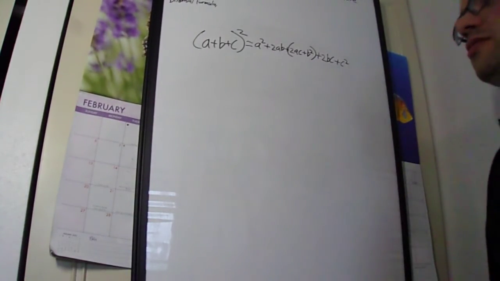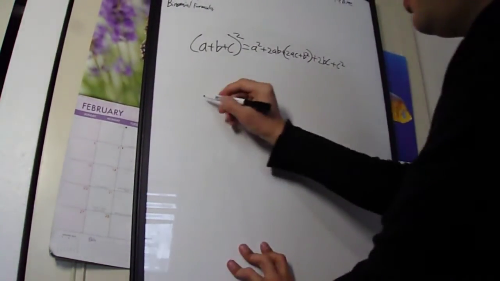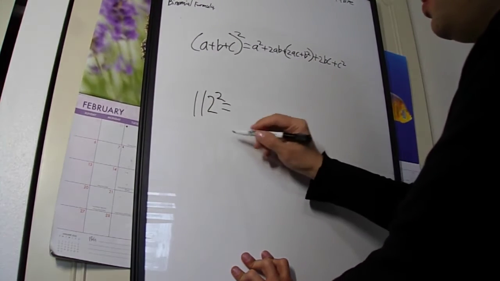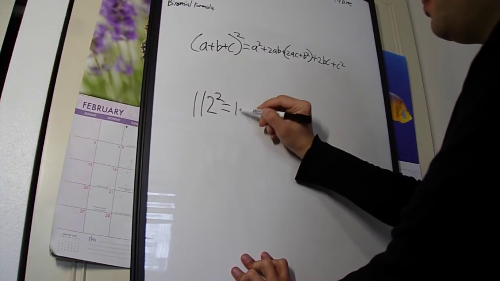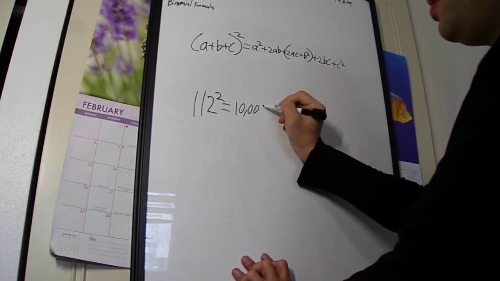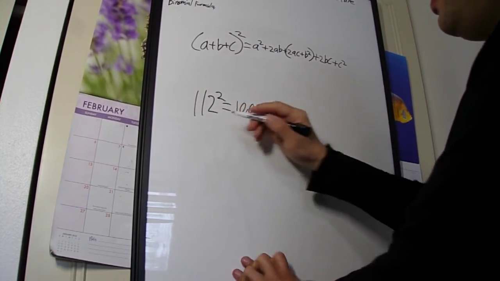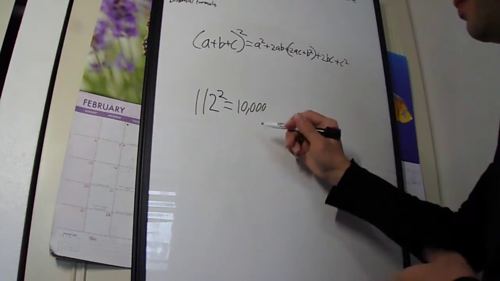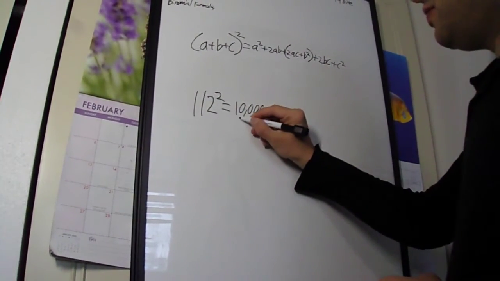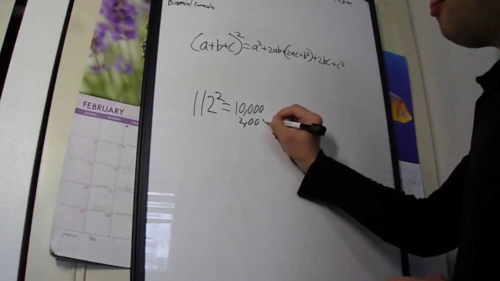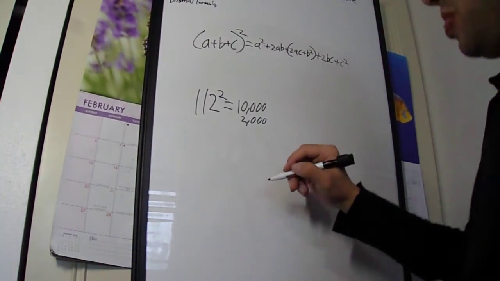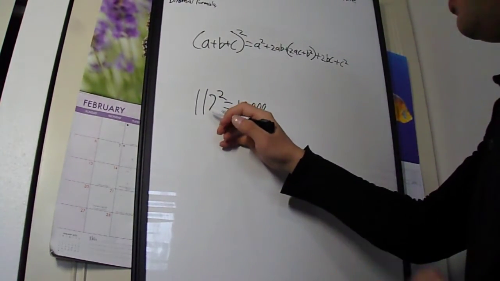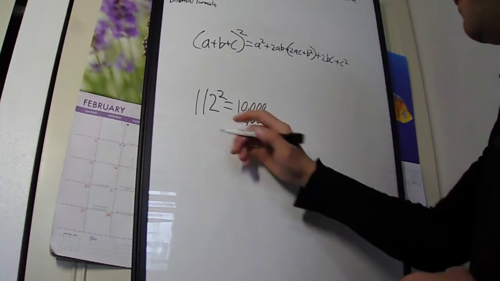So that's how we would do this with, say, 112. So 100 squared is 10,000. This time I'm going to do it this way so we can see how it adds up a little better. 100 times 10 is 1,000, times 2, it's 2,000. And then 100 times 2 is 200, times 2 is 400, plus 10 squared is 500.